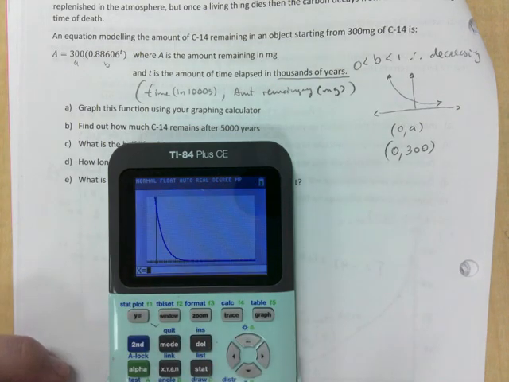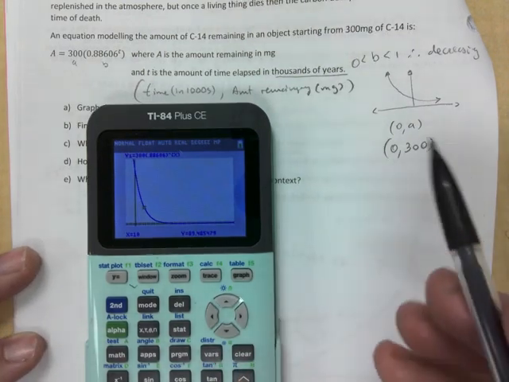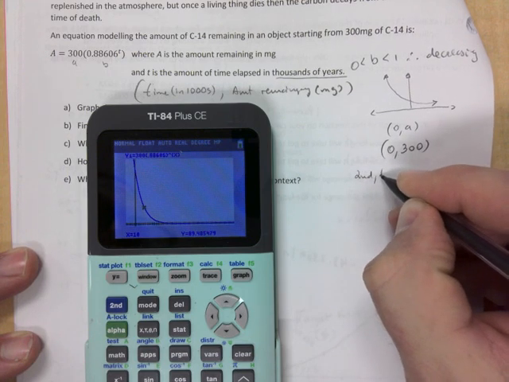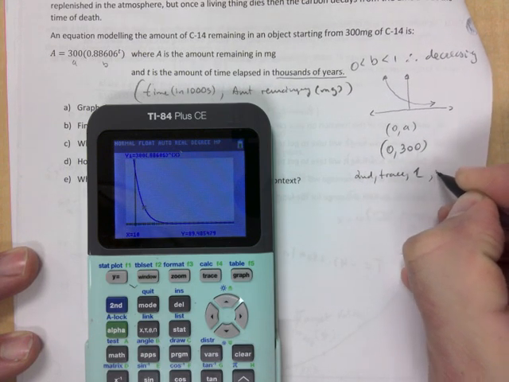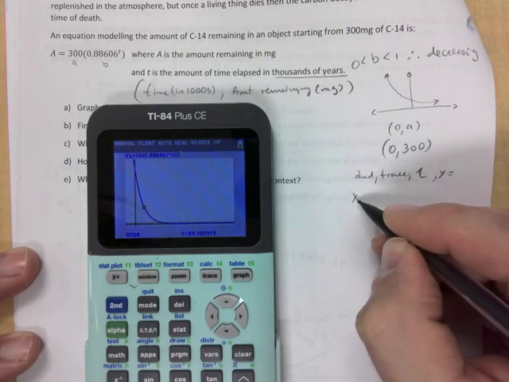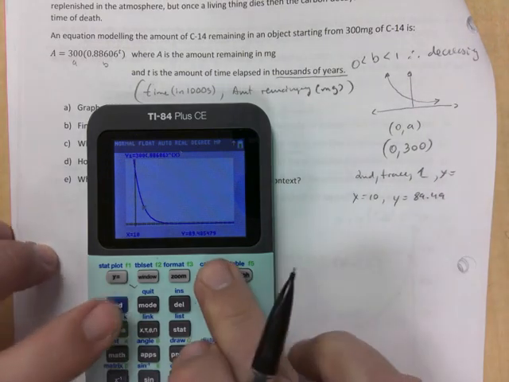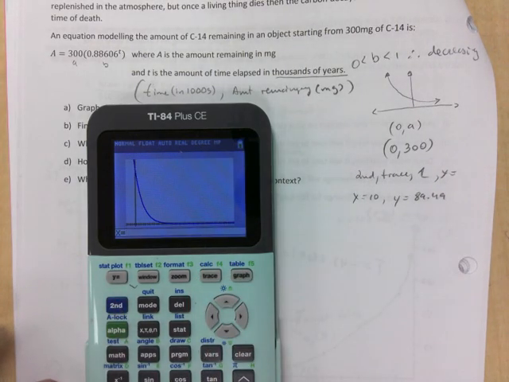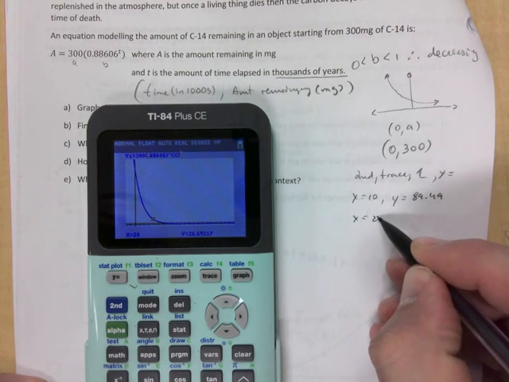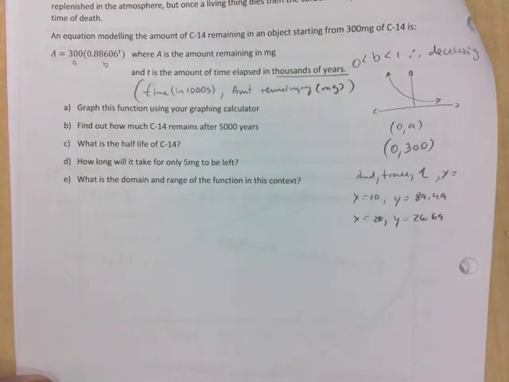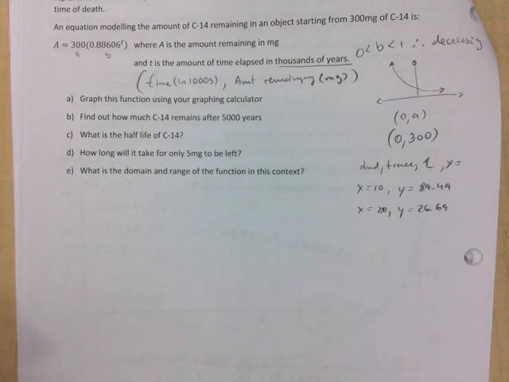Second trace 1, X is equal to 10. We have 89. There's no X-intercept here. Y is equal to 89.49. Second trace 1, let's make it 20. X is equal to 20. We have 26.69. Right, so I think that's good enough for our reference.